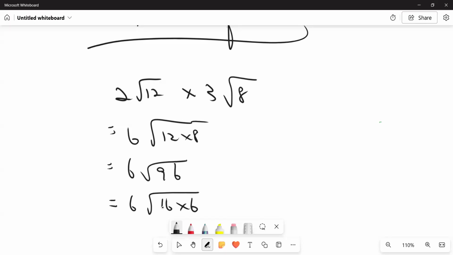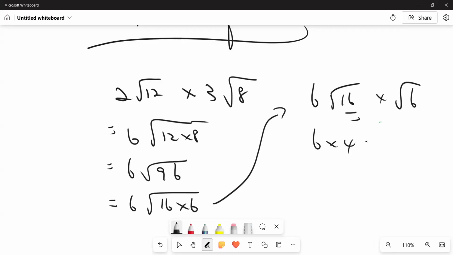So this part here, you get 6 root 16 by root 6. This is going to be 4, so 6 by 4 by root 6, so you get 24 root 6. Follow it? Yes, sir.